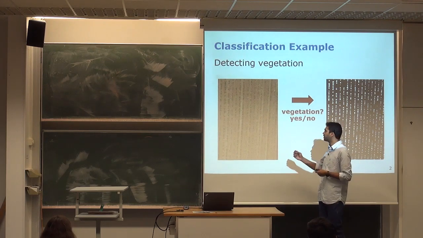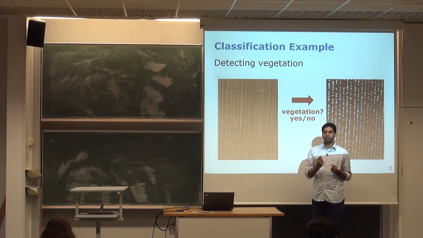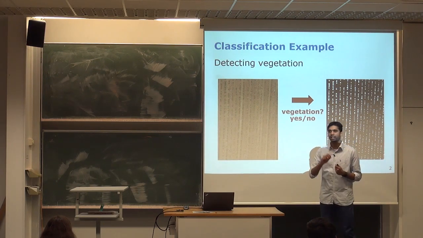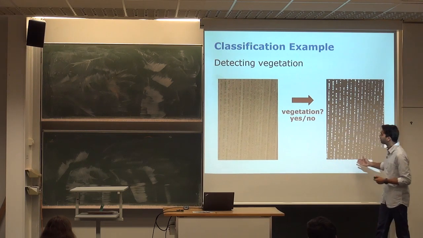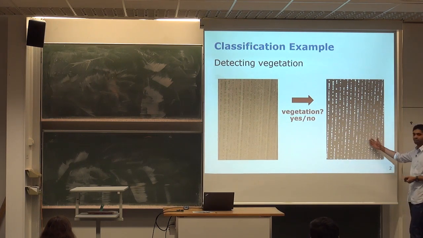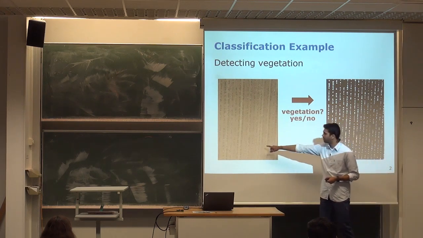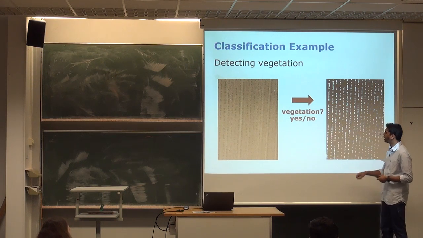The question we would ask is, given this image, given a pixel in this image, is that pixel a vegetation pixel? Is there a plant there or is it a background? So this is the question that you want to answer, and if you do this successfully, you would get something like this. The white parts in the image correspond to the green parts here or the plants here, and then the black ones are the background.